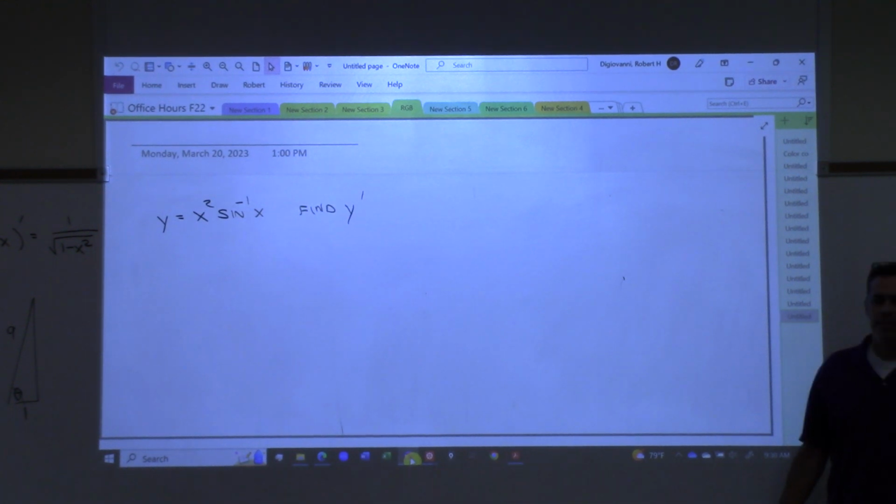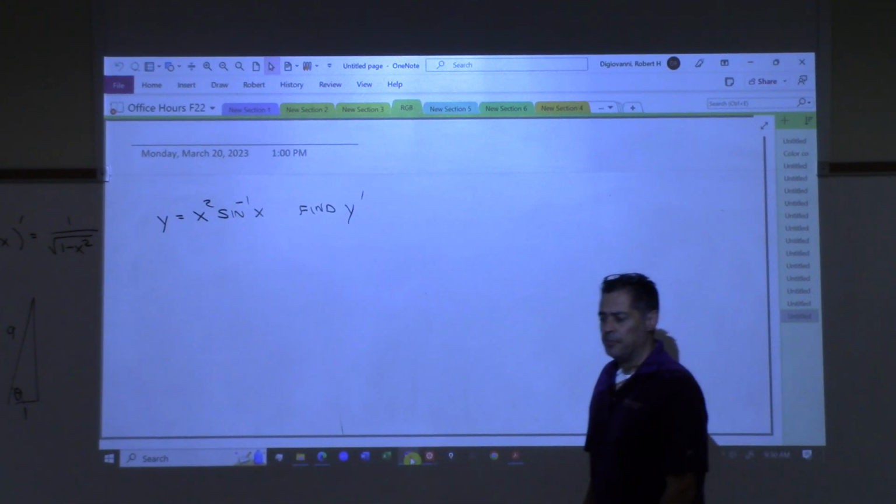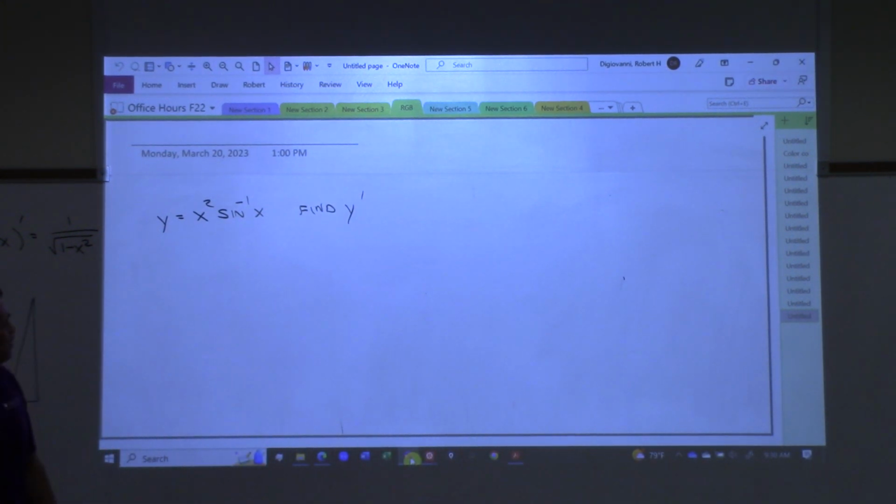So take the derivative of that. So what do you see here? Product. Everyone see that multiplication? It's x squared times inverse sine x, right? So in order to take that derivative, we have to do the product rule.